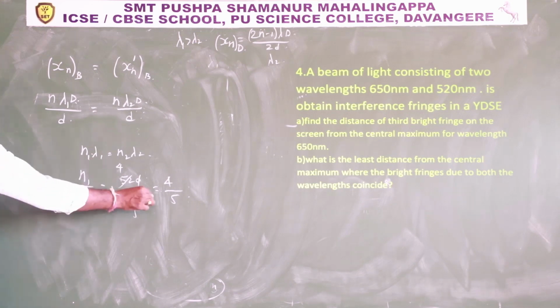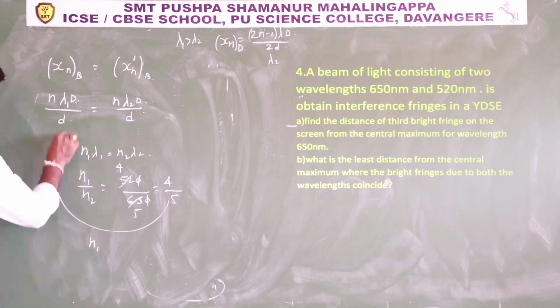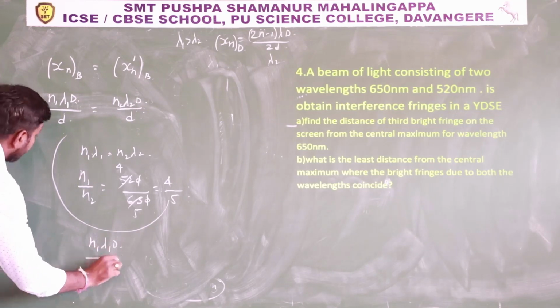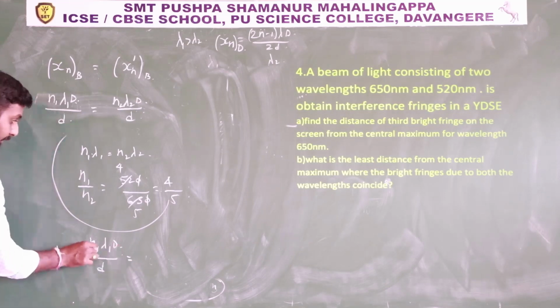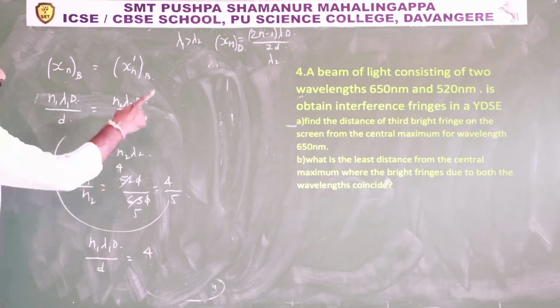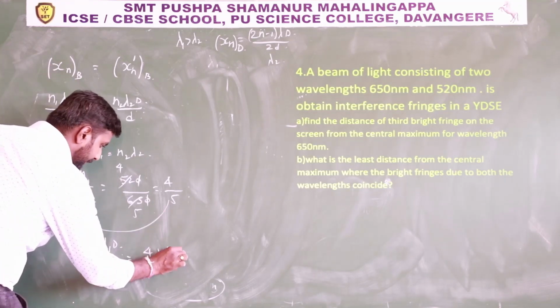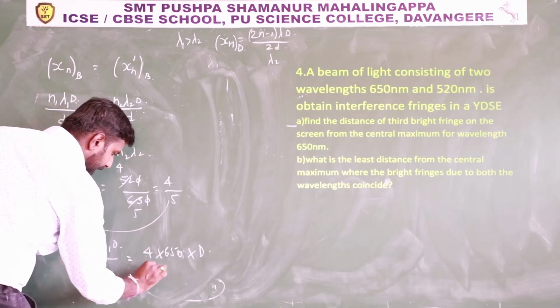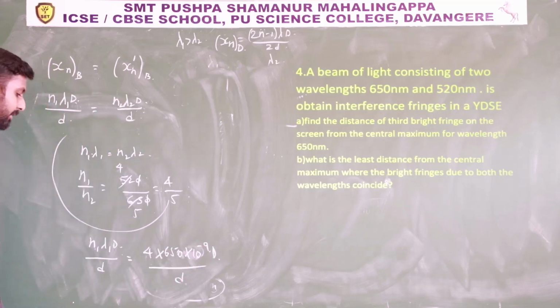Then substitute these values in any one expression: n1 lambda 1 capital D divided by small d. In the place of n1, substitute 4, and lambda 1 is 650. So 4 into 650 nanometer, 10 to the power minus 9, capital D divided by small d. This is the answer.